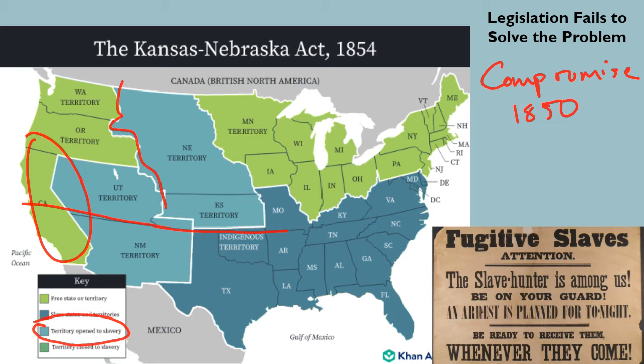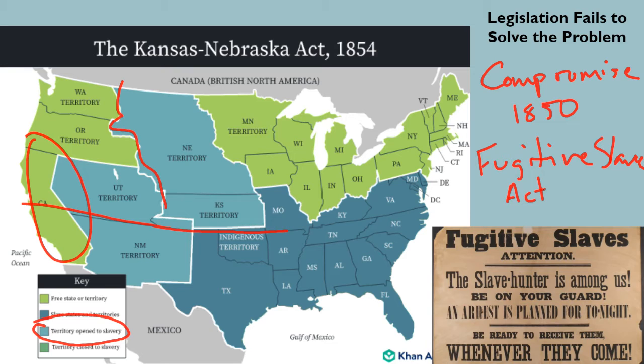The other very important thing that the Compromise of 1850 did was pass something called the Fugitive Slave Act. And this was really something that was seen as a huge negative for abolitionists and anti slavery people in the North.